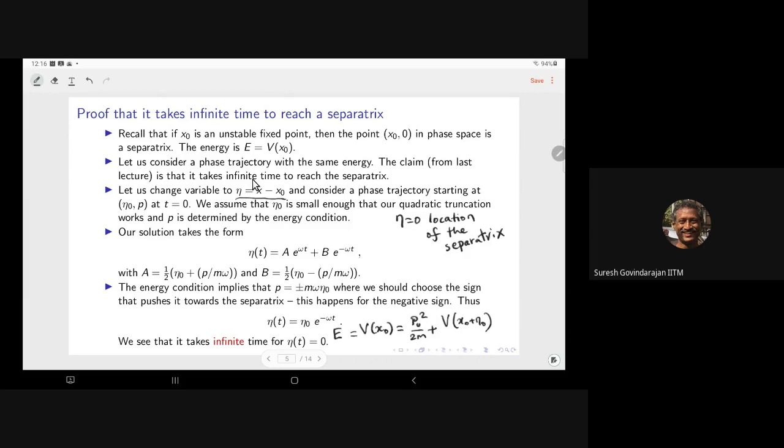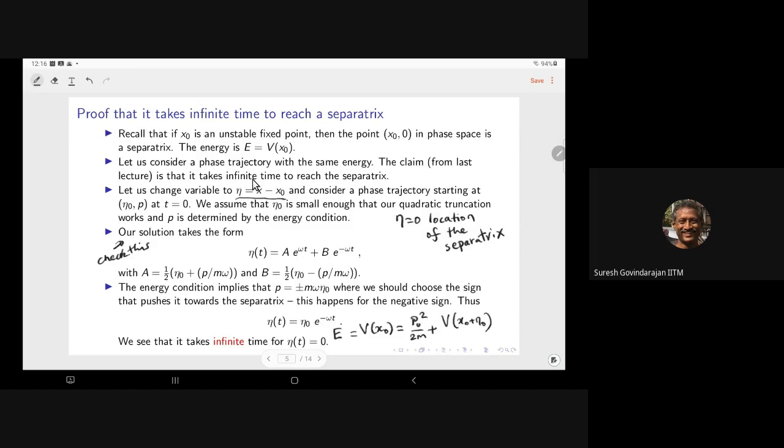So what I'm saying here is that from this you can get an expression for p naught, and then you'll find the solution. So this is an exercise, check this. Eta of t will take the form A e power omega t plus B e power minus omega t.